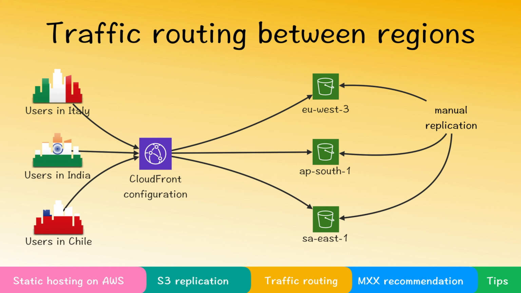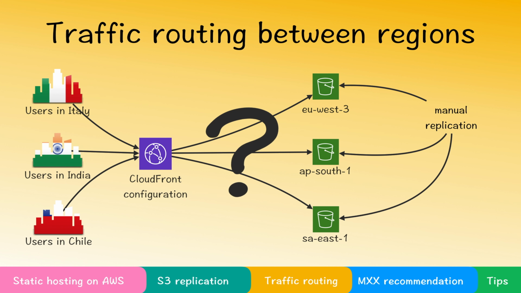And then our next thing to solve is how to route traffic between these S3 buckets. So even though CloudFront has multiple edge locations, it's still one system. So it should be one configuration, and this configuration should understand, for example, if there is a request from Italy to the edge location in Milan, then to which bucket should this request go?